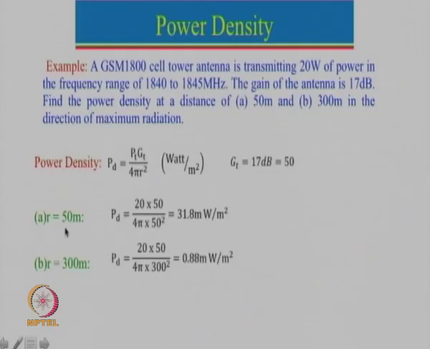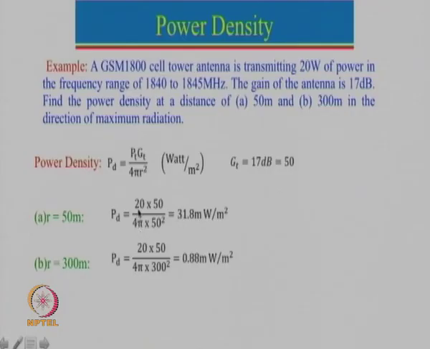So, at 50 meter we can substitute the values. 20 is the transmitted power in watt, then 50 is the gain, divided by 4 pi into 50 square, because we have taken r as 50 meter. So, the unit will be watt per meter square. Now, this value comes out to be 31.8 milliwatt per meter square.